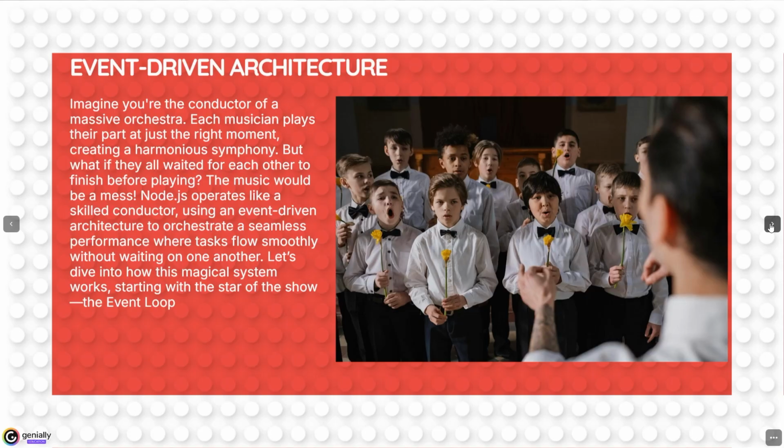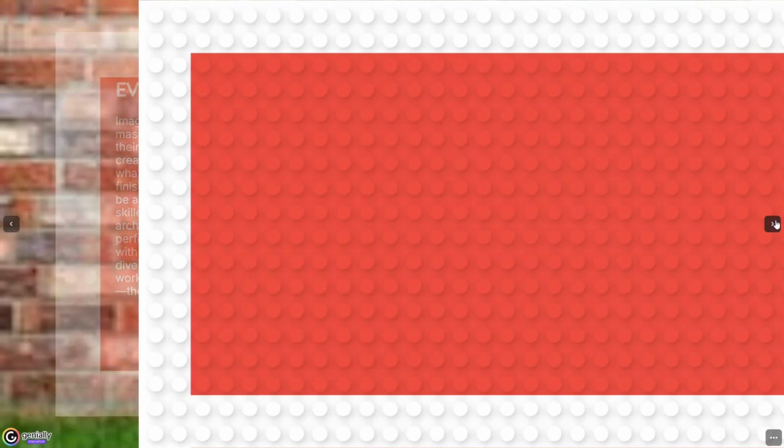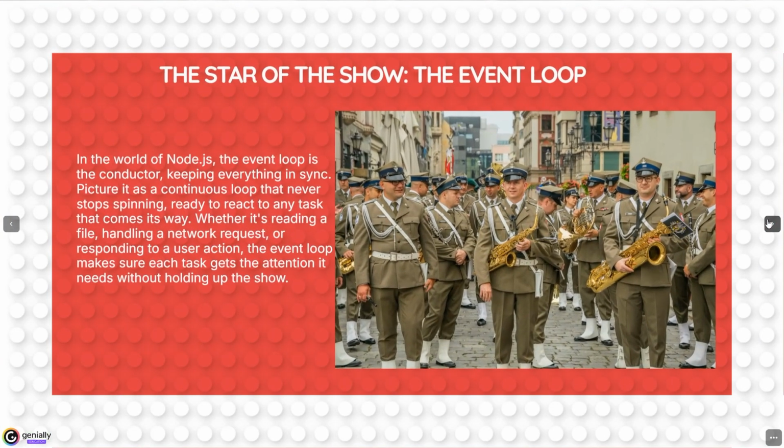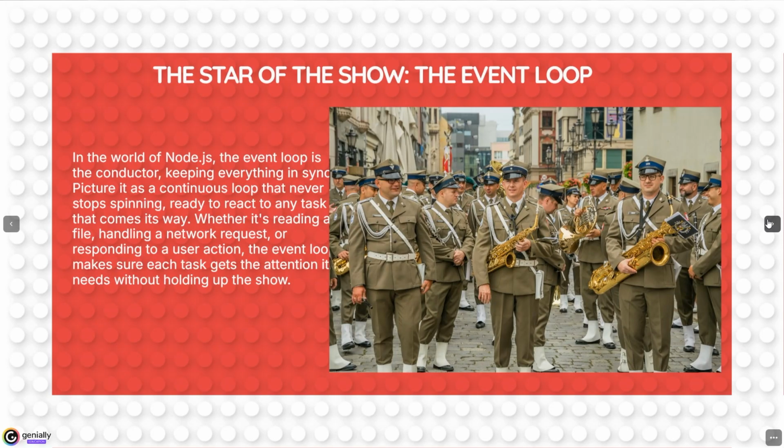So, let's dive into how this magical system works, starting with the star of the show, the event loop. In the world of Node.js, the event loop is the conductor, keeping everything in synchronization.